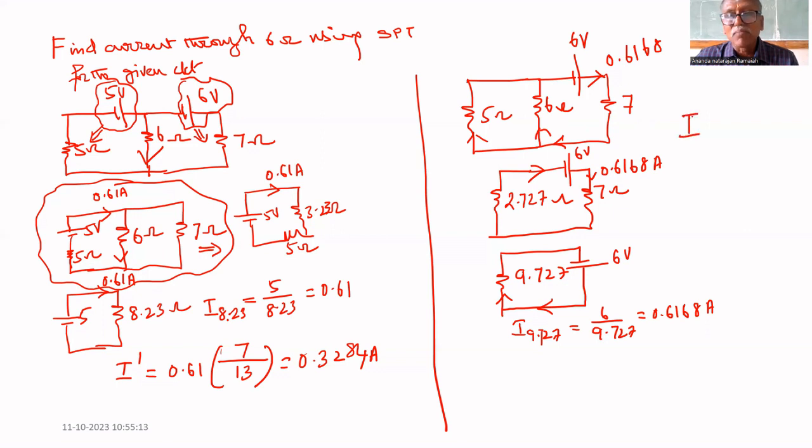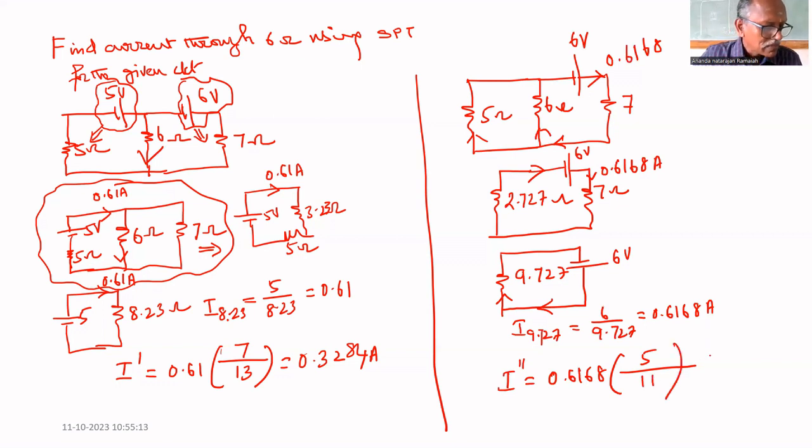Therefore, I double dash equal to total current 0.6168 multiplied by other branch resistance 5 divided by 11. That is equal to minus 0.2803 amperes.